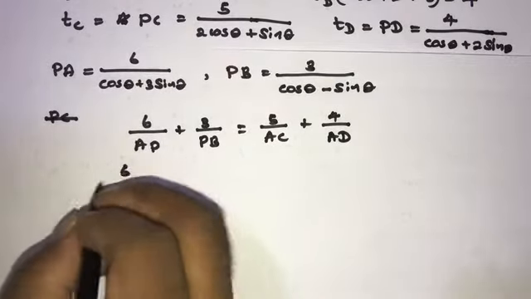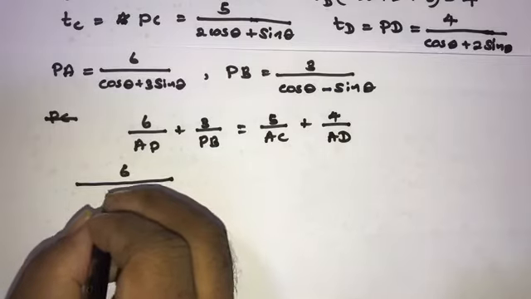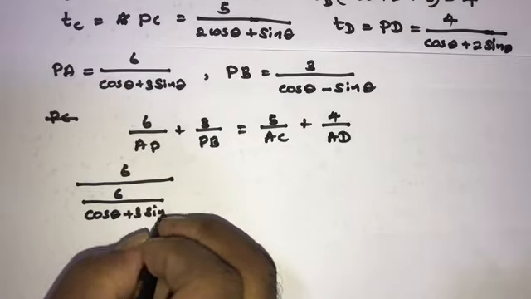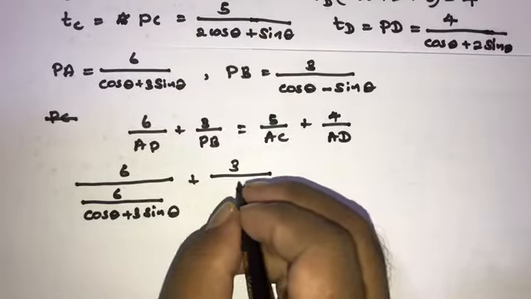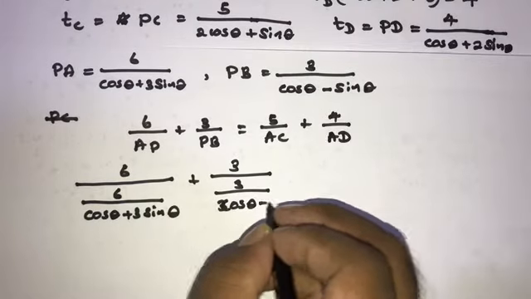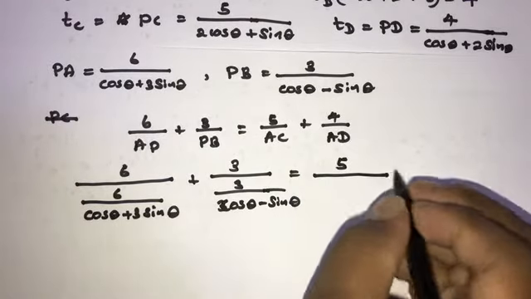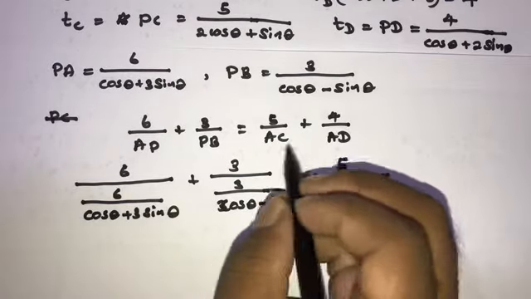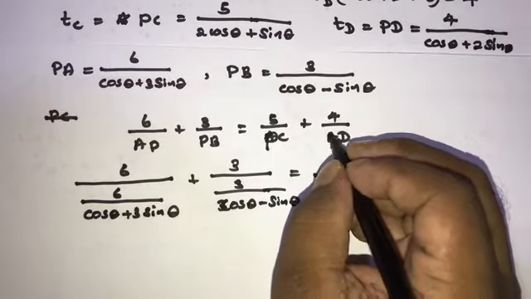So 6 over, we know PA, so 6 over cosine of theta plus 3 times sine of theta, and plus 3 over PB, which is 3 over cosine of theta minus sine of theta, is equal to 5 over PC, sorry, this is not AC, this is PC, and this place also PD.